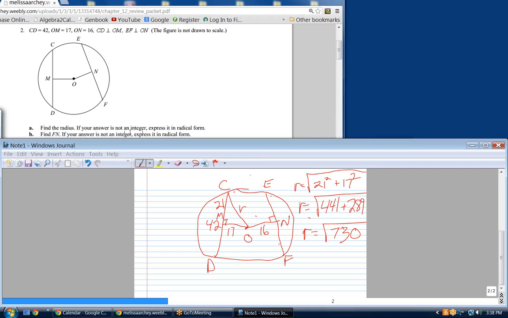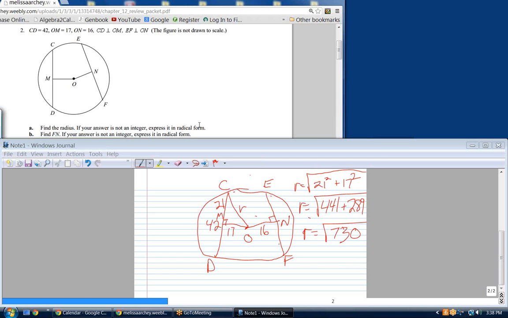If your answer is not an integer, express it in radical form, which is fine, but we have to make sure we express it in simplest radical form. So, to determine whether 730 is in simplest radical form, let's determine whether it's divisible by any of the perfect squares.